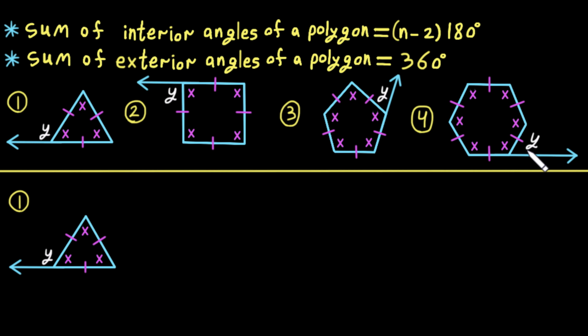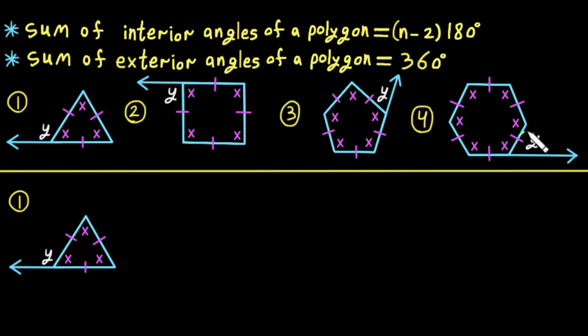And in a regular polygon, all of the angles are equal and all of the sides are equal, and all of the exterior angles will also be equal, because this angle equals this and equals each angle here. The exterior angle, by extending one side, forms a linear pair.